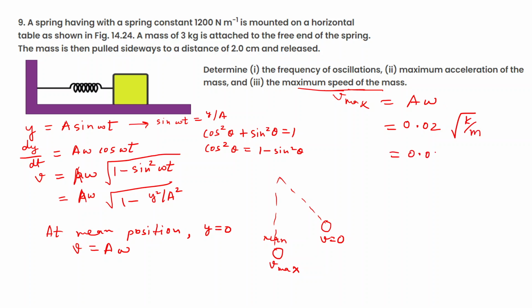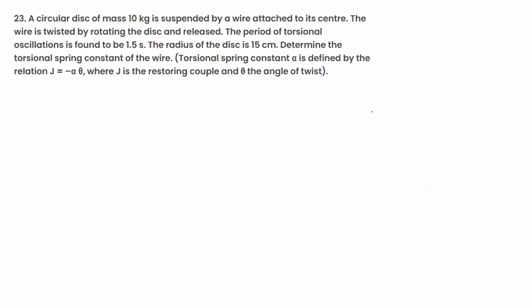Again, k is 1200, m is 3 kg, so this will be 400. So this will be 20, and this will be 0.4 meters per second. So this will be the V max. So this question is done.